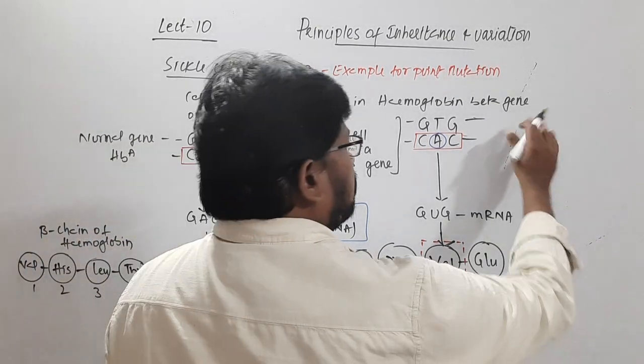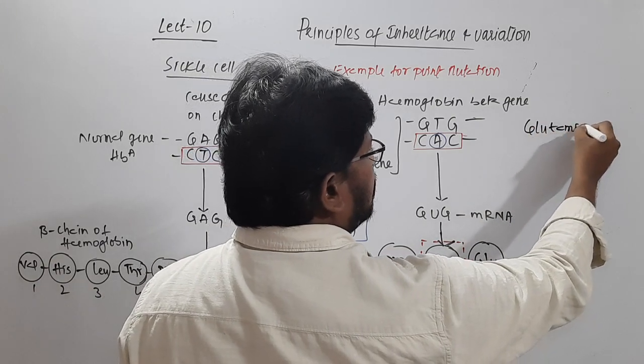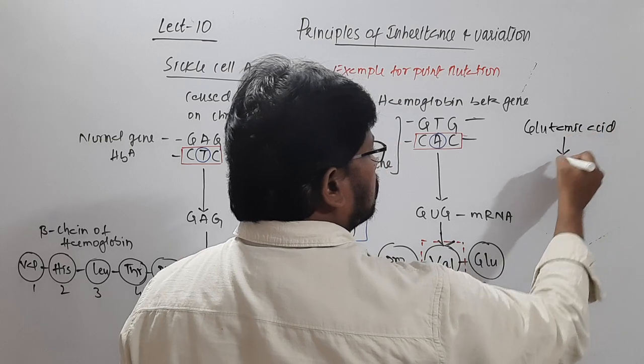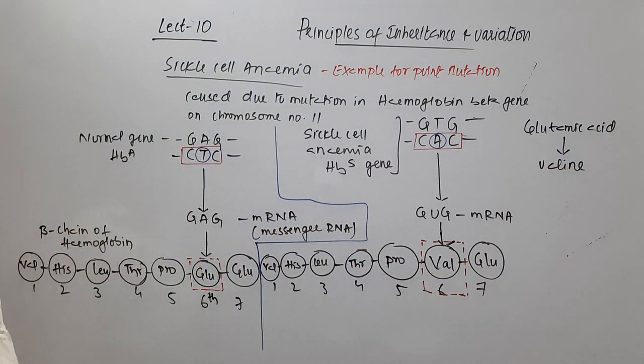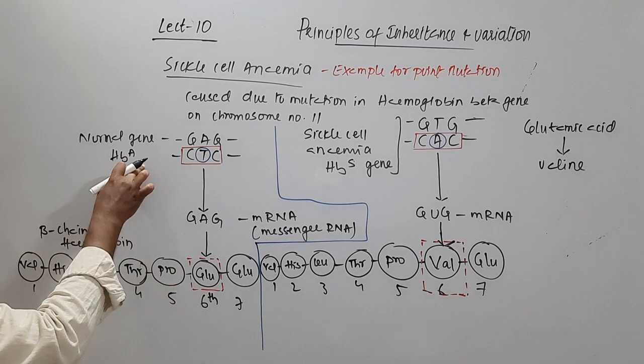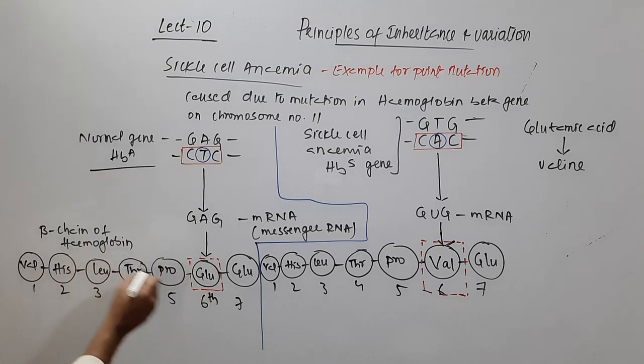So there is a change from glutamic acid to valine. In the normal condition, we find glutamic acid in the sixth position of the beta chain.